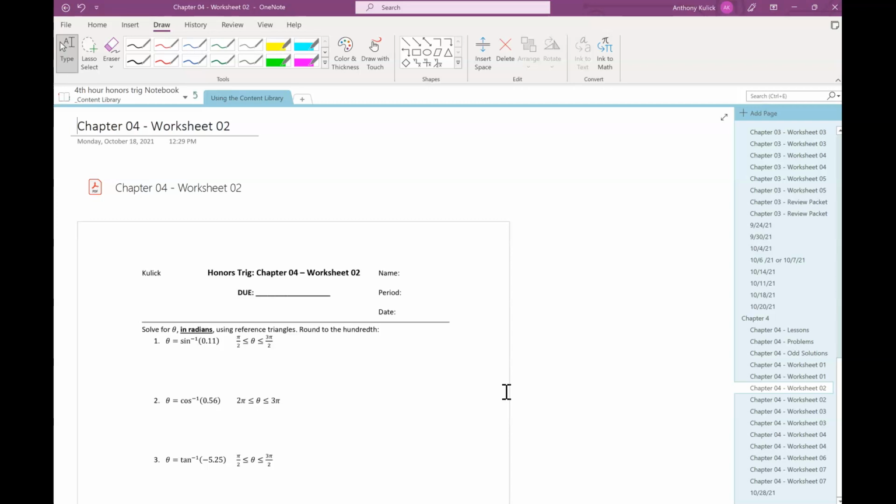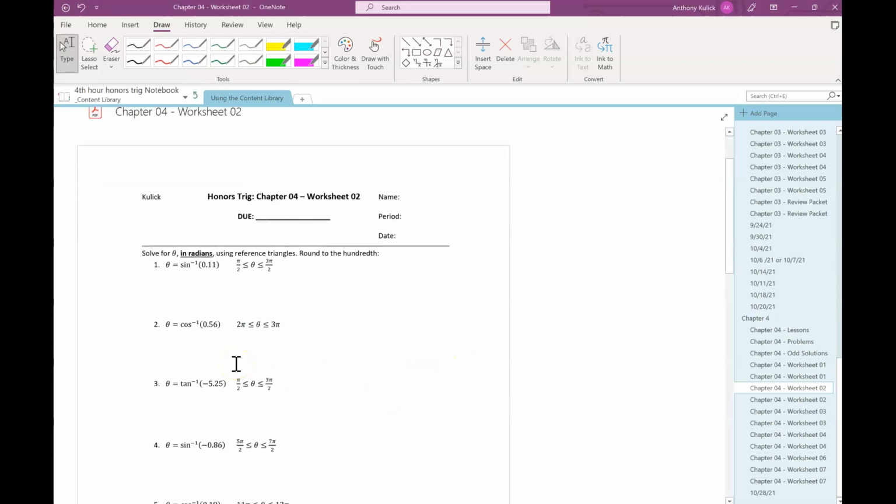So these questions are worded differently than what we had on the notes. I went ahead and took a look at the key briefly just for number 1.